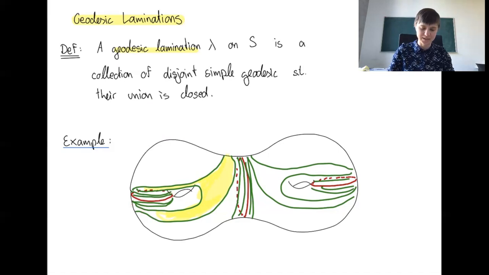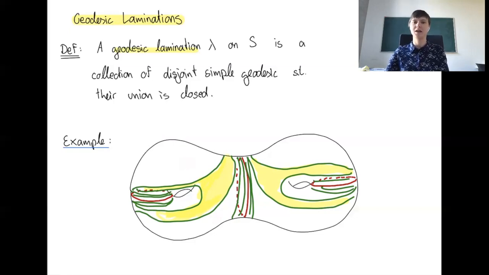And same here, we could also draw this one yellow. By the way, these other parts are also triangles, isometric to ideal triangles. Just the way I've drawn it, you don't see it immediately.